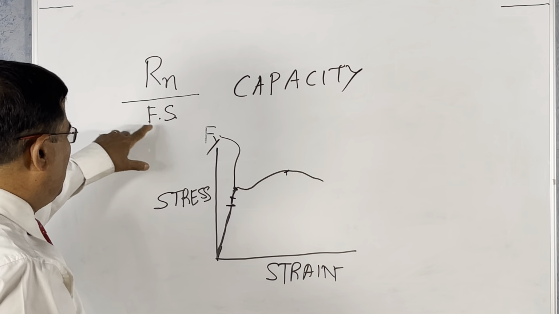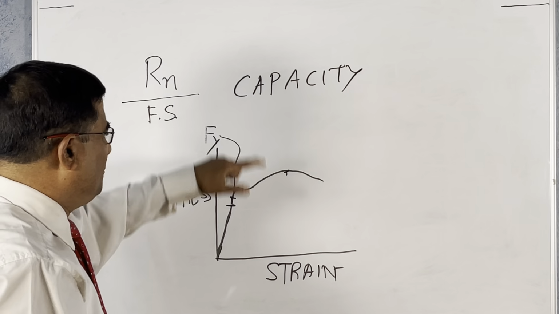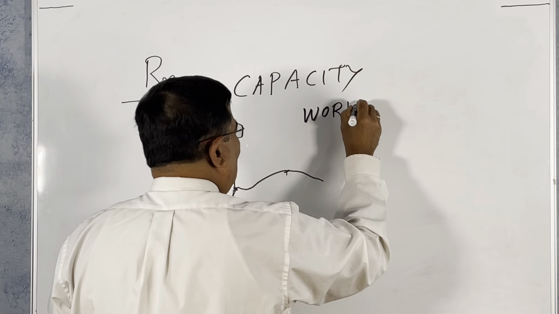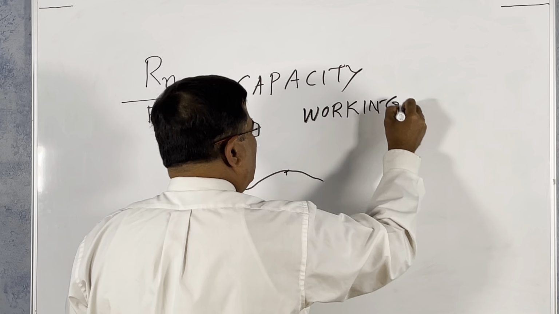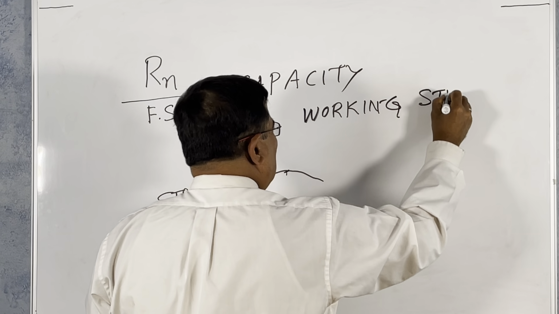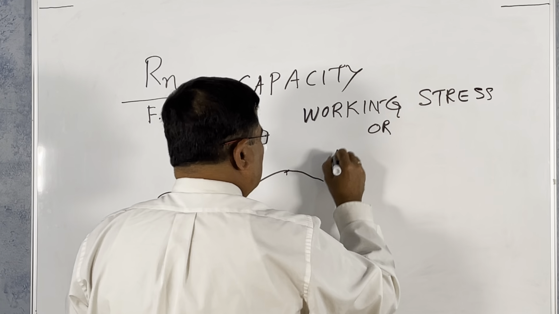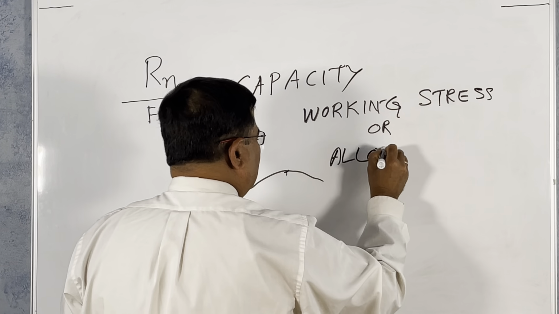So Rn divided by factor of safety is the capacity by working stress design, or allowable stress design. They are both the same.